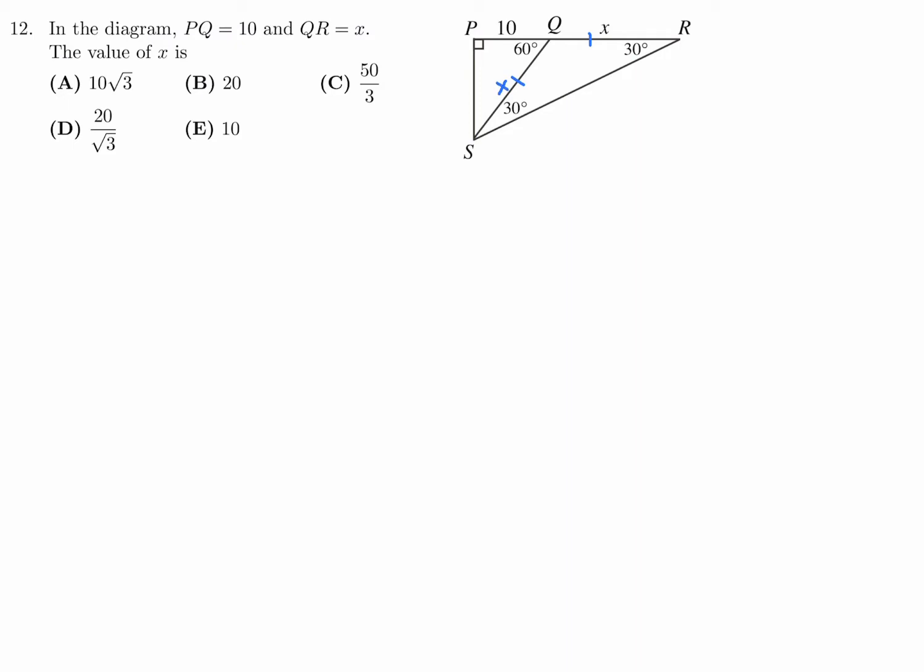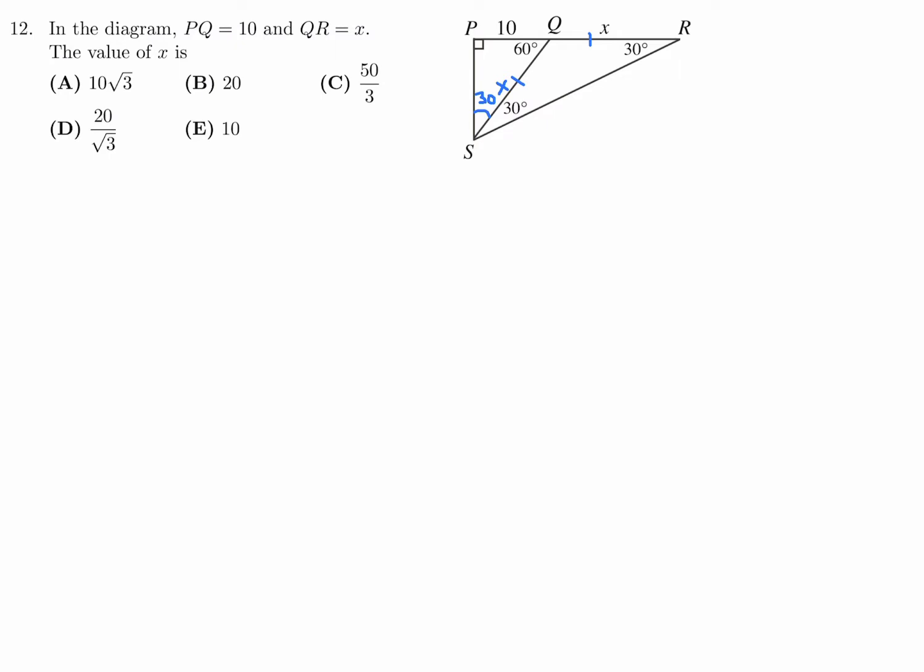Now we have to look at this triangle right here. In that triangle, we are given 2 angles. That is a right angle, 90 degrees, and that is 60 degrees. So therefore, this angle must be 30, since the sum of the angles of a triangle add up to 180. And in any 30-60-90 triangle, the ratio of the sides are as follows.